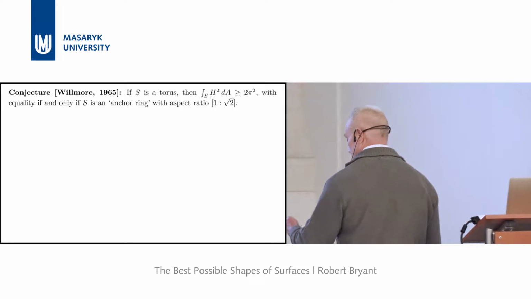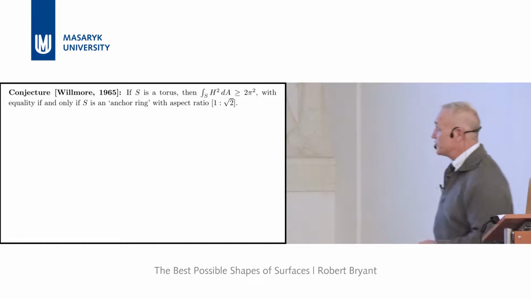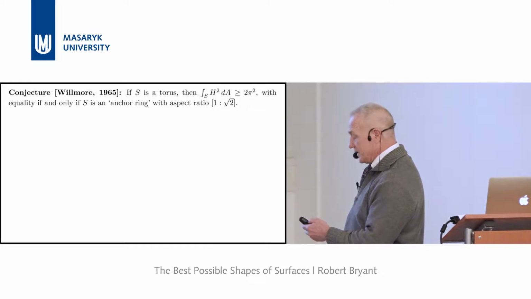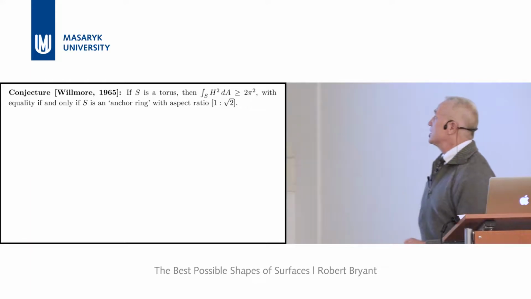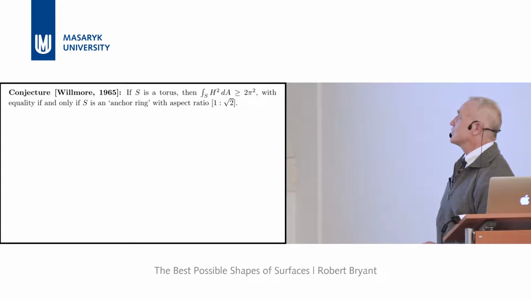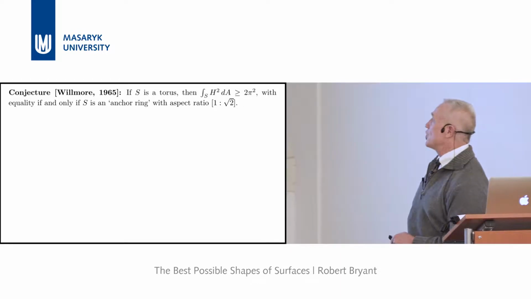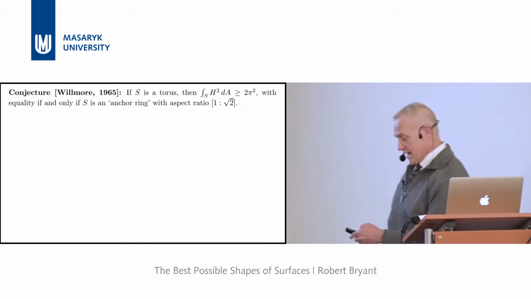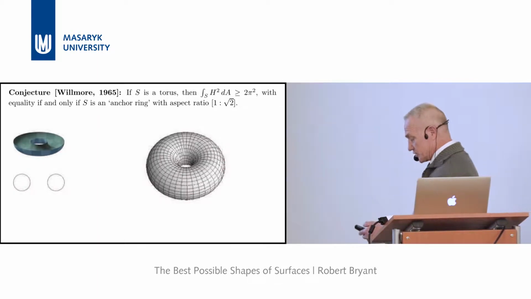And there's a famous paper by Thomas J. Willmore in 1965, in which he conjectured, after doing some calculations, and I'll say what that means, that if you start with a torus, that is a donut, a ring-shaped thing, then the integral of H squared is always at least 2 pi squared, with equality if and only if it's an anchor ring with aspect ratio 1 to square root 2.